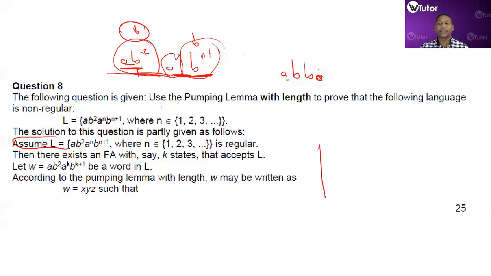We are saying if it was regular, we're supposed to find an allocation of y leading to x y to the power of n z being an element of the language. Since we cannot find that allocation, it means that our assumption that it was regular is false. Sweet. So that is how we go about resolving it.